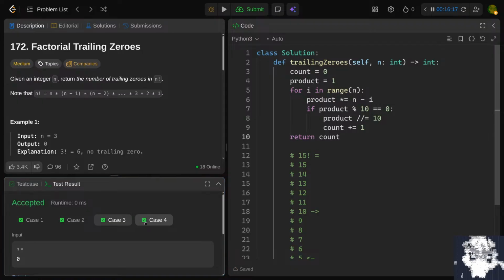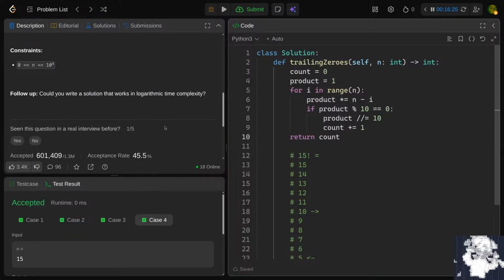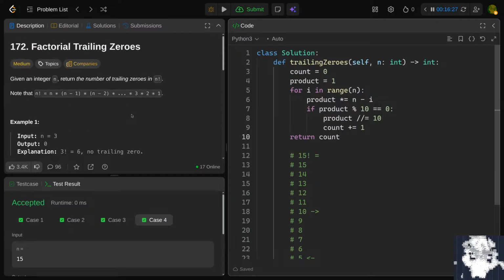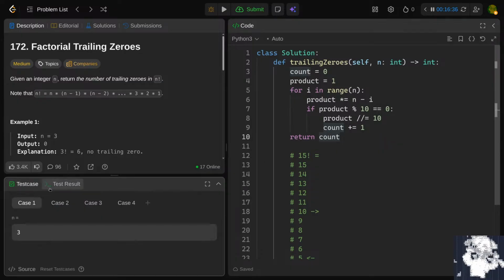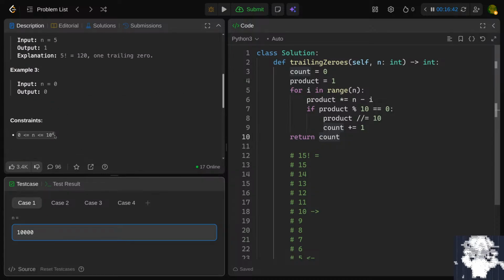Okay, this gives the right answer. And it's relatively fast, but it's not logarithmic. So if I had a test case that was very big, how big do they say the test cases can get? 10 to the 4, so it can get up to 10,000.